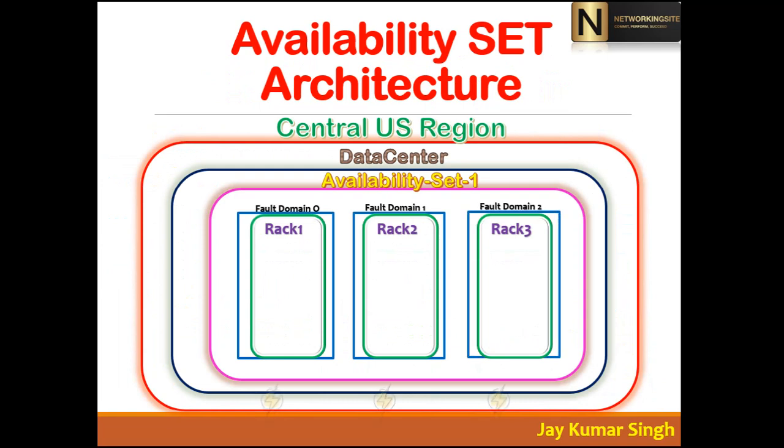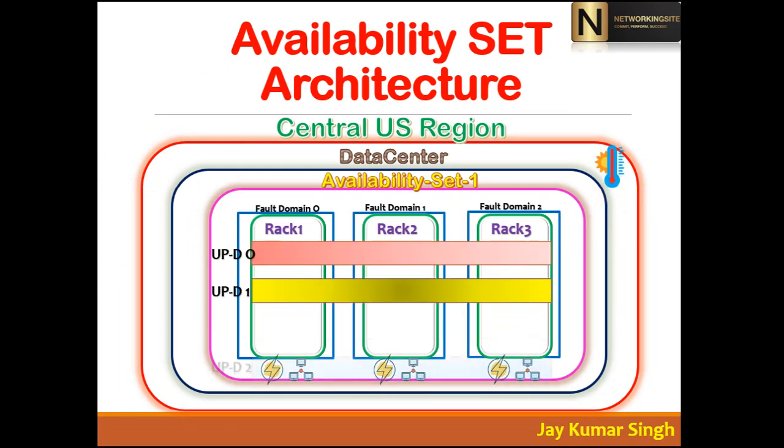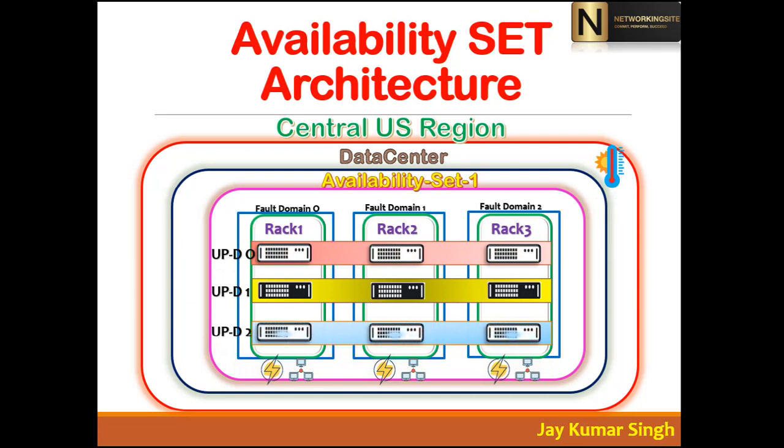This we have already come to know. Suppose we have an update domain and a fault domain. Inside a fault domain you have servers, and servers are divided into groups in an update domain. So suppose you created 2 VMs here, 2 VMs here, like 6 VMs. All these 6 VMs will be separated into fault domains and update domains by Microsoft automatically.